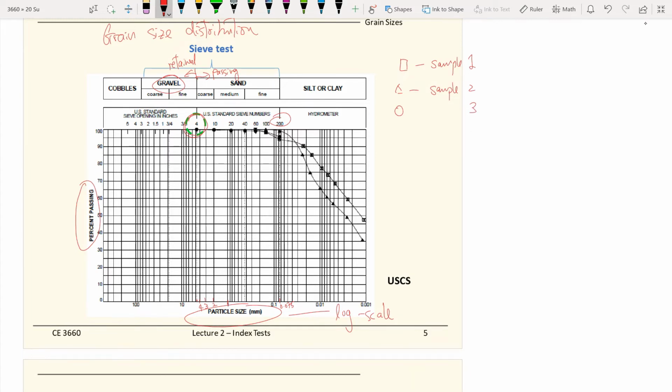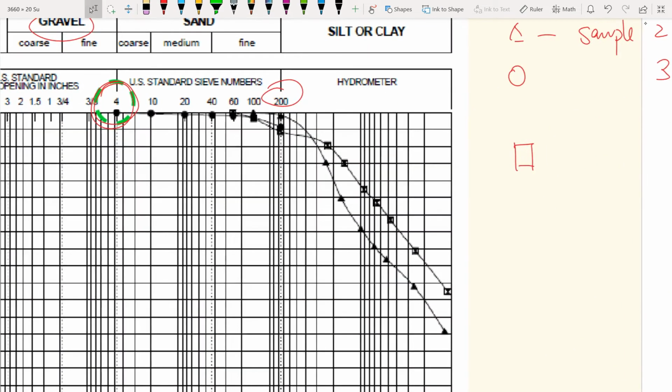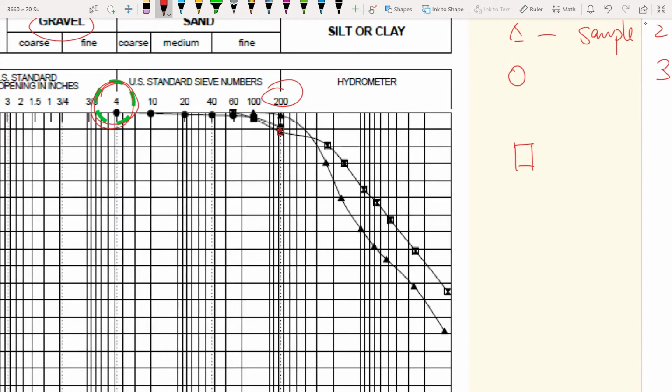So if I read this graph, for example, for my square right there, sample number one, if I want to know the percent passing number 200, then I will find my square curve. It is a bit hard to see, but this is my square curve right there.